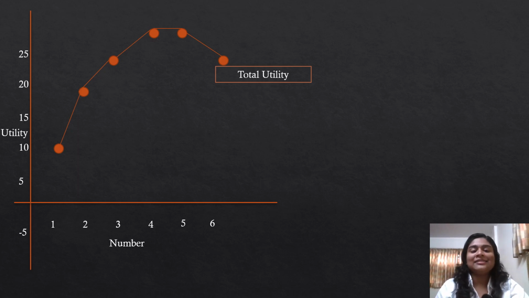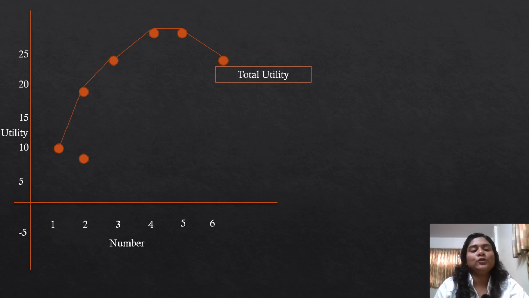This is nothing but the total utility curve. As the number of products increases, total utility increases, but only up to a certain point, or it increases at a very diminishing rate. Now let us plot the marginal utility. When we are having one cake, our marginal utility is 10.